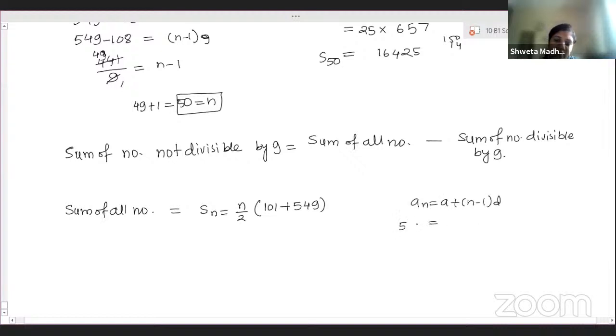The nth term is 549, and the difference is 1. So 549 minus 101 is equal to n minus 1. So 448 plus 1 is n. So n is equal to 449.